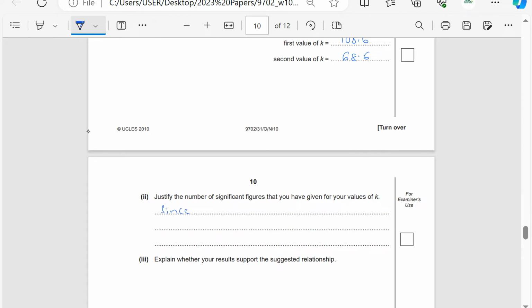since t squared is to 3 significant figures, and ma minus mb is to 2 significant figures.